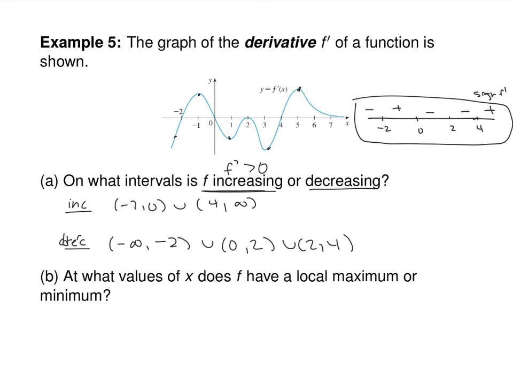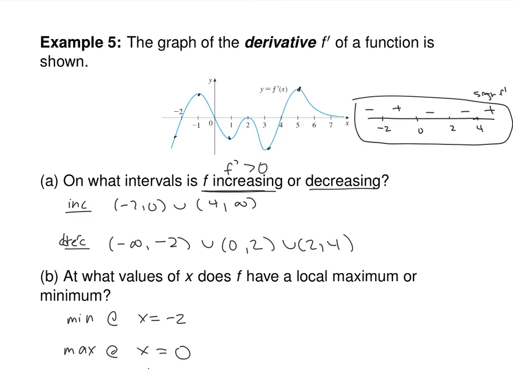Okay, looking at that little number line that I made, what happens at -2? Does f have a max or does f have a min? Min. Min at x equals -2. How about 0? At 0, your f is going to increase and then decrease, so that makes a max.